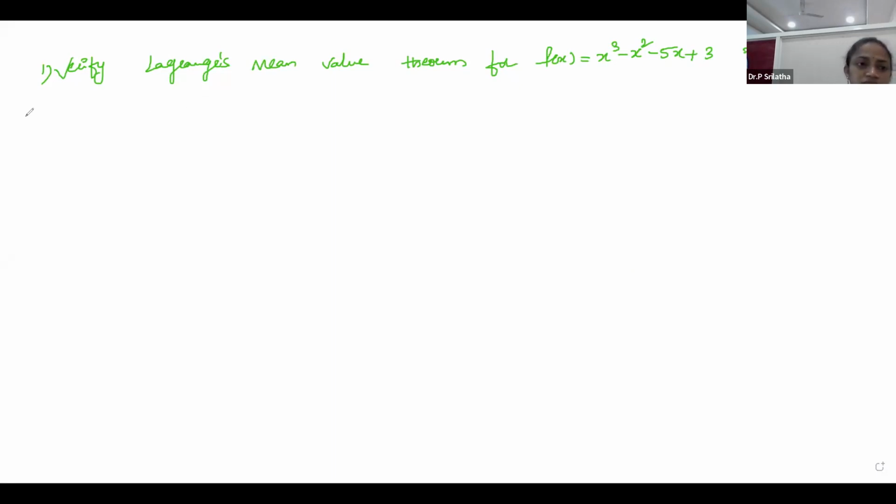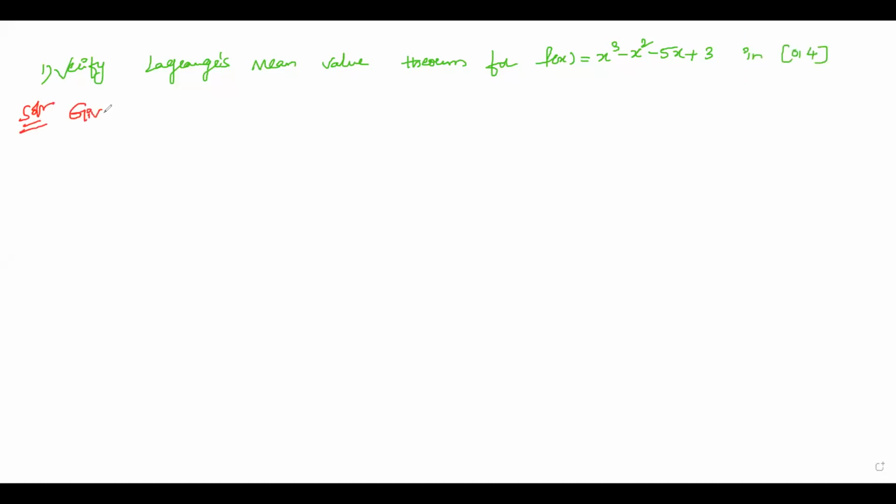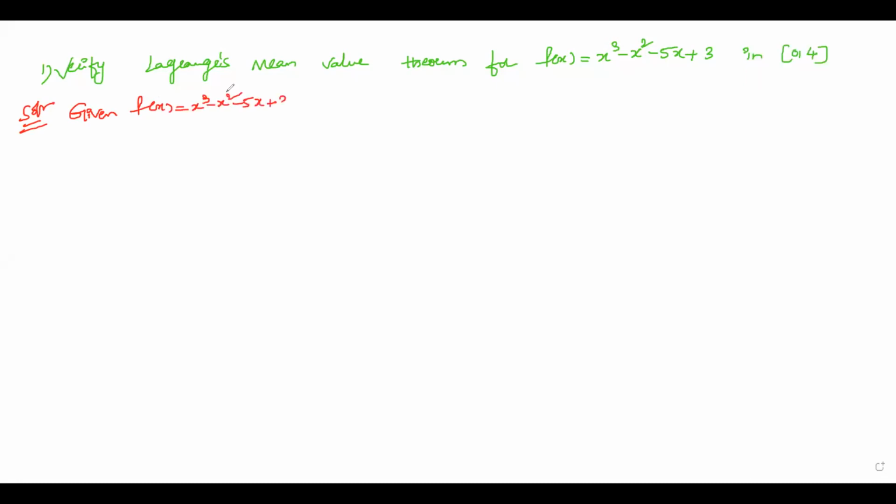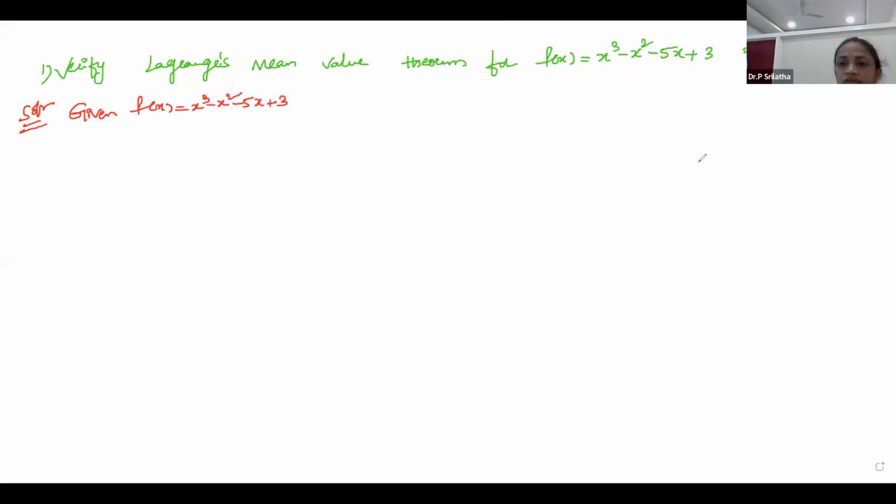Yes. So the given function is f of x equal to, first what we have to check here? Continuous or differentiable? Yes, very good. So what is the statement of Lagrange's mean value theorem? f of x be a function such that the first condition is it is continuous in closed interval a comma b, and the second condition is it is differentiable in open interval a comma b.